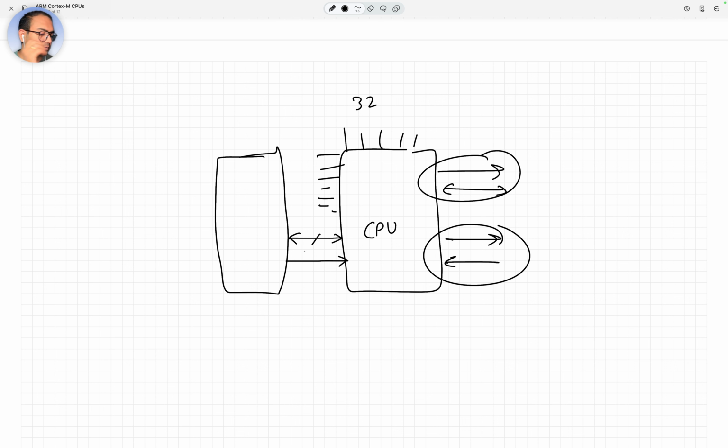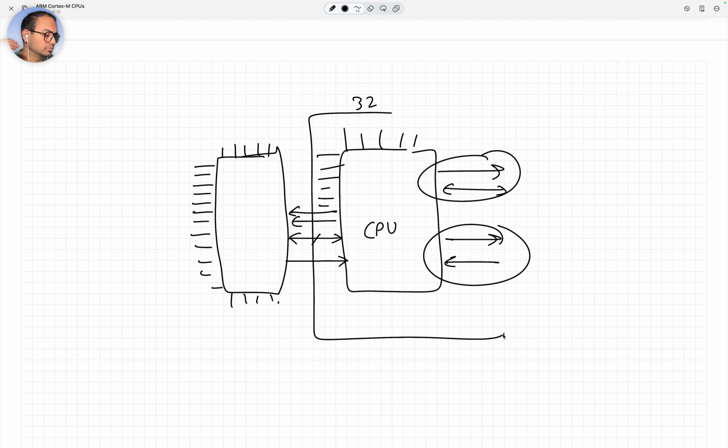There are a few more wires going from the CPU as well, which we'll come to later. The idea is that all the pins on this IC would be dedicated to interrupts. So instead of the CPU having too many pins, we reduce the number of pins on the CPU so the CPU can be as tiny as possible.